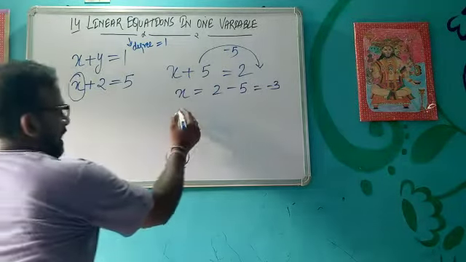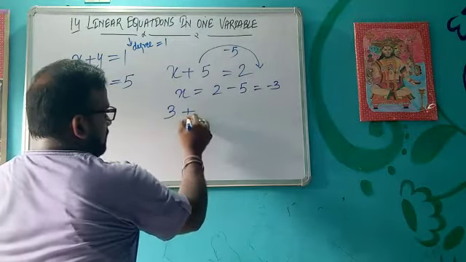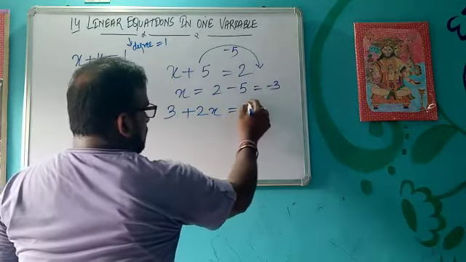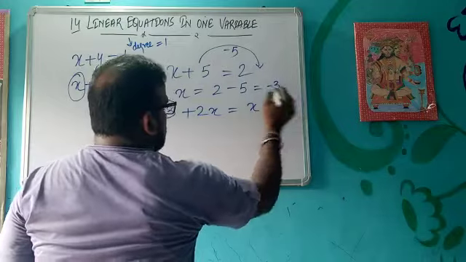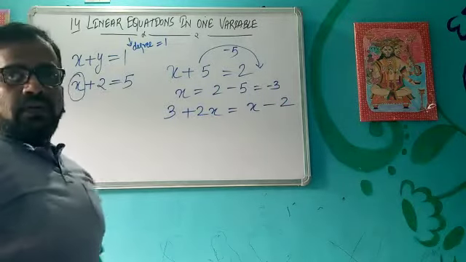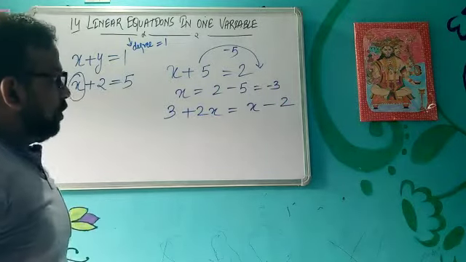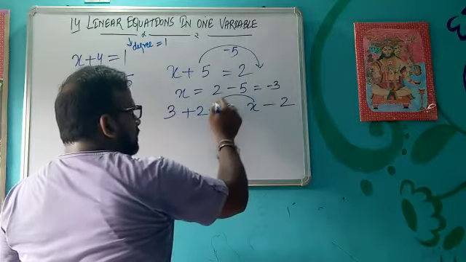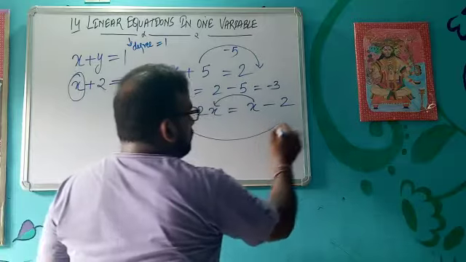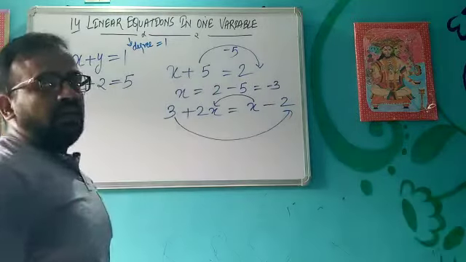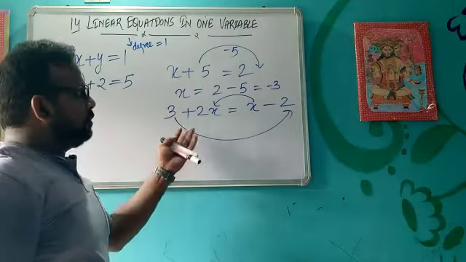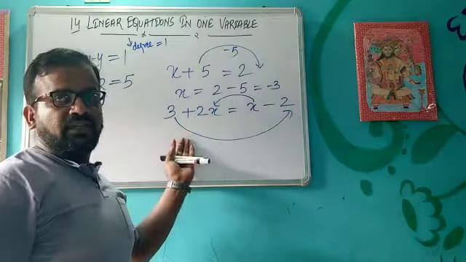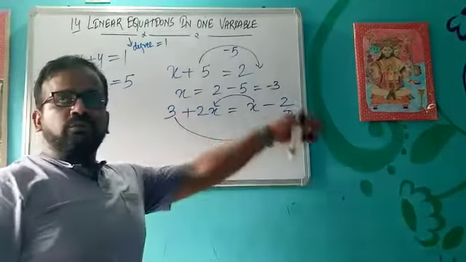Or suppose I write the equation like this, 3 plus 2x equal to x minus 2. In equations like this, what will we do? We will bring all the variables on one side and all the constants on the other side. It is a convention that we keep the variables on the left hand side and all the constants on the right hand side.